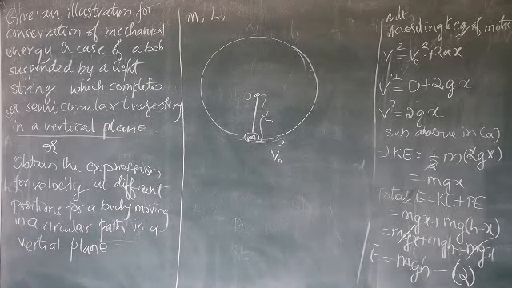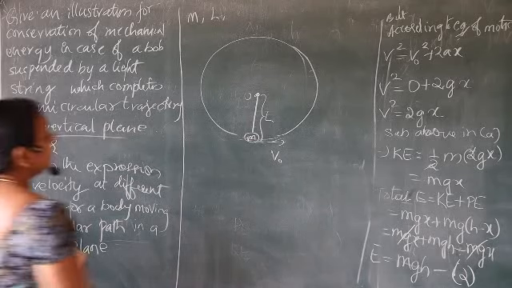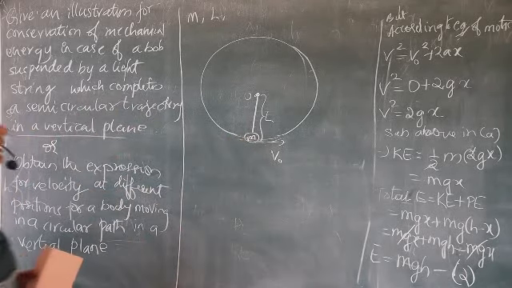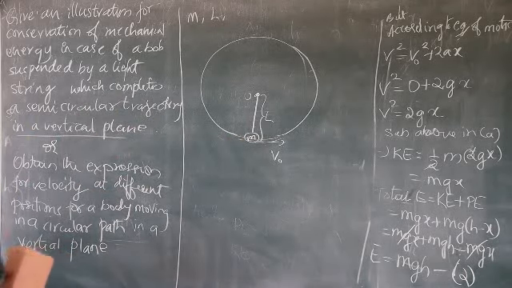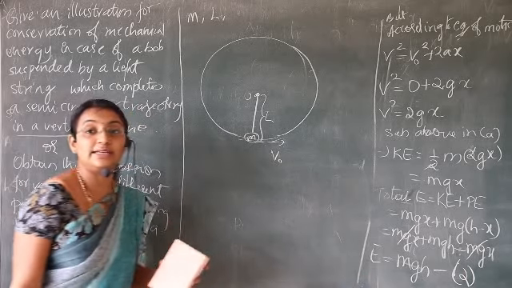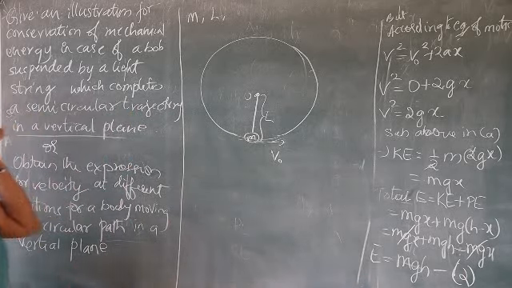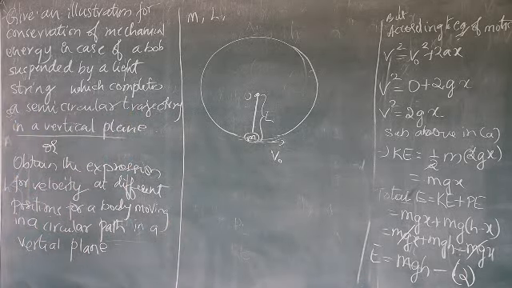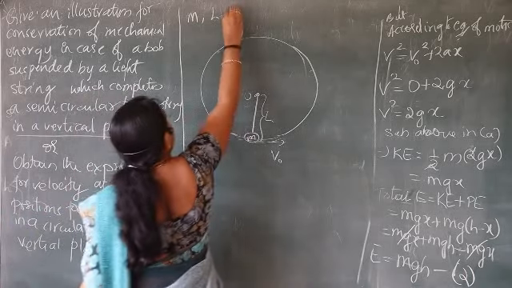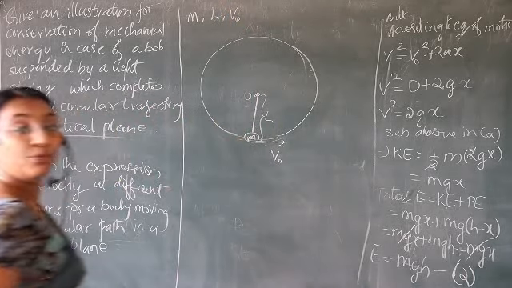So what we are going to do, we are going to consider a pendulum bob of mass m having the string of length L. We will give a horizontal velocity V0. When we give the horizontal velocity V0, it starts moving.